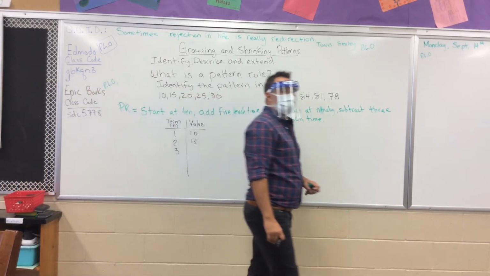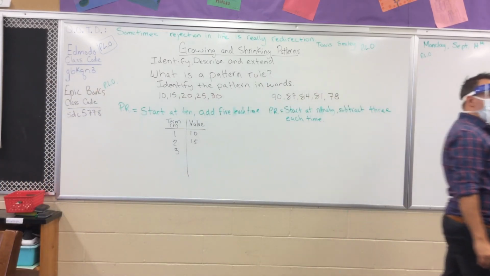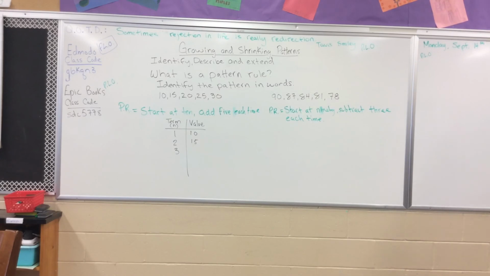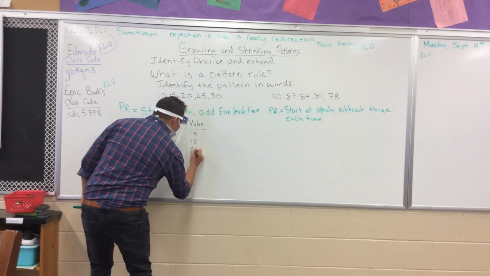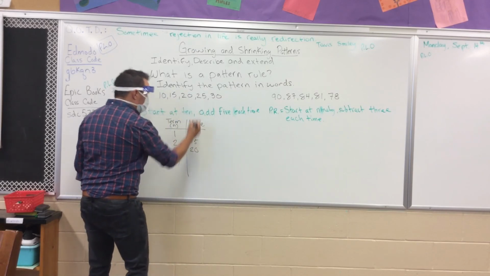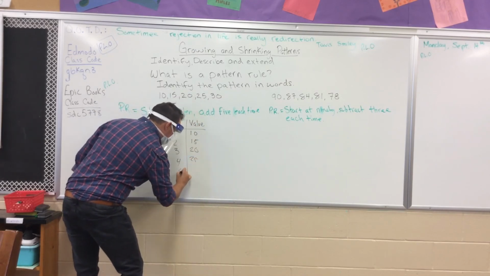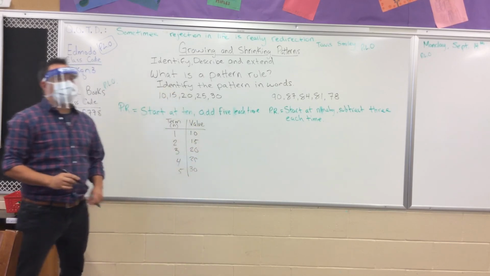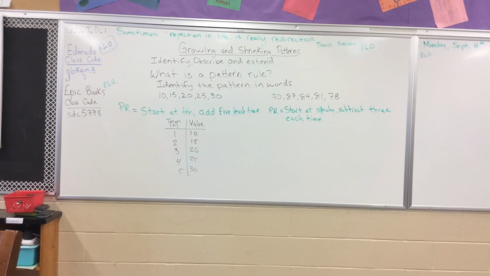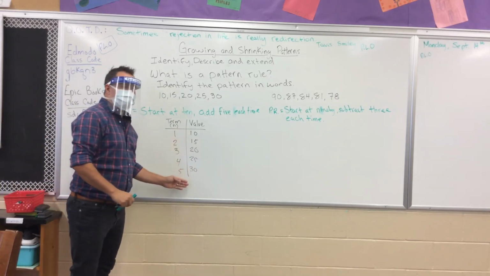What would term number 3 be? Georgia? 20, right? Term number 4, 25. Term number 5 is 30. What would term number 7 be? 40. What would term number 8 be? 45. So we know that these go up by 5s.